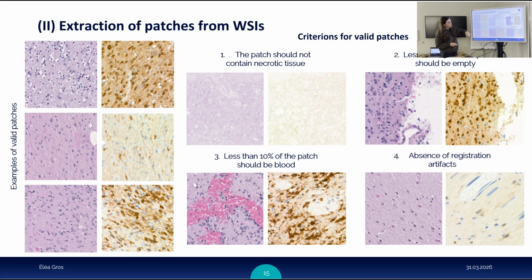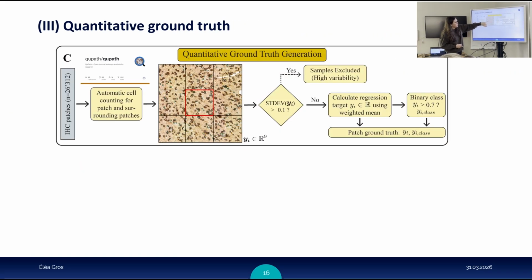So coming back to this, we take what's in the center patch, and we also include information about the patches that are around it, to try to smoothen and improve a bit the ground truth that we were using. Then we use a mean of what we have in the center and what we have on the side to get the final regression target, using a weighted mean, putting more weight on the center than on the surrounding patches.